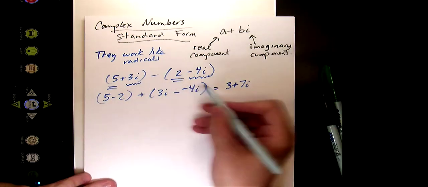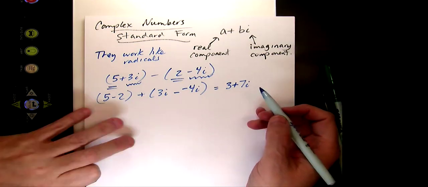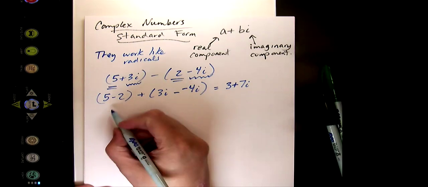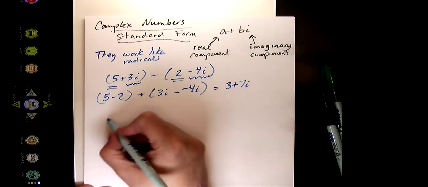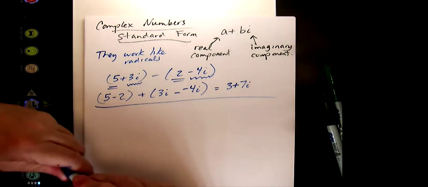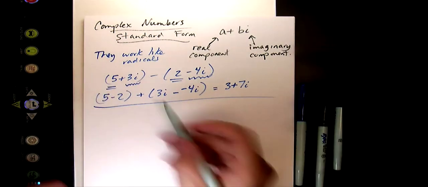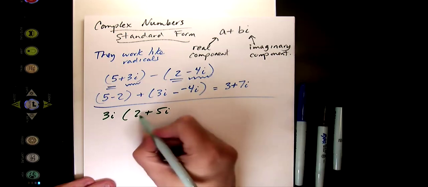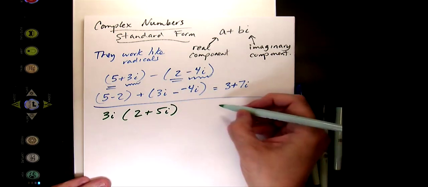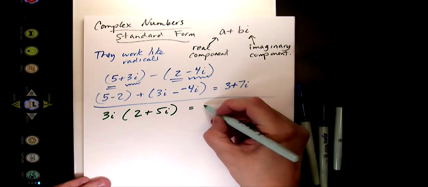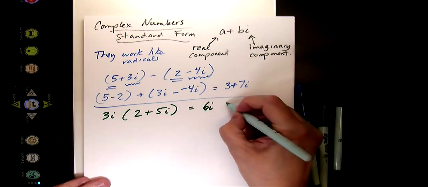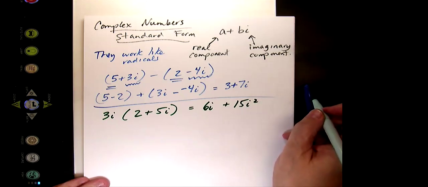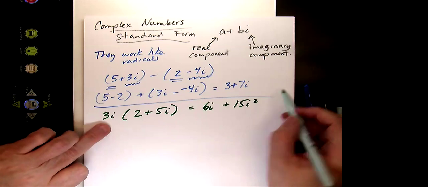Alright, so adding and subtracting works kind of like normal. We add the things that are alike. That's what we've been doing all along. If we multiply an imaginary times a complex number, this is 6i plus 15i squared, because i times i distributes.